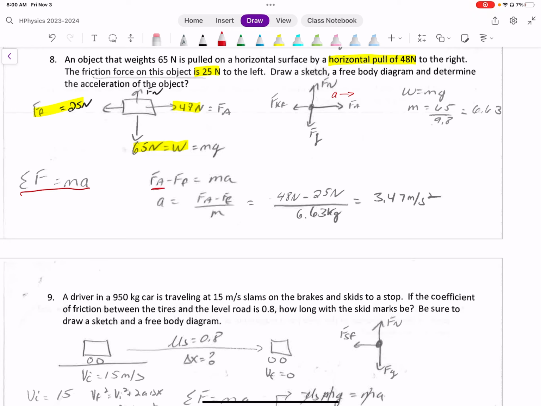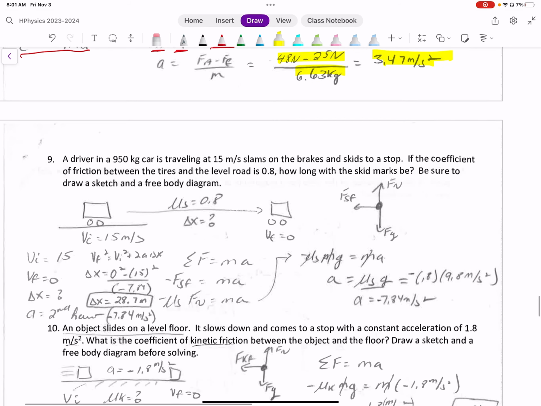There's one positive in the x direction, there's one negative in the x direction. That is equal to the mass times acceleration in the x direction. I rearranged that equation for acceleration by dividing mass on both sides of the equation, I will then plug in numbers, and then I will find the acceleration to be a positive 3.47 meters per second squared.